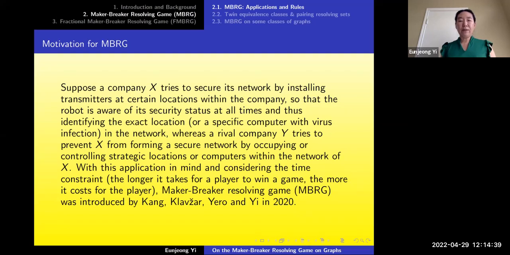Whereas a rival company, Y, tries to prevent X from forming a secure network by occupying or controlling strategic locations or computers within the network of X. With this application in mind, considering the time constraint, i.e., the longer it takes for a player to win a game, the more it costs the player. The Maker-Breaker Resolving Game was introduced by Kang, Klavžar, Yero, and myself in 2020.